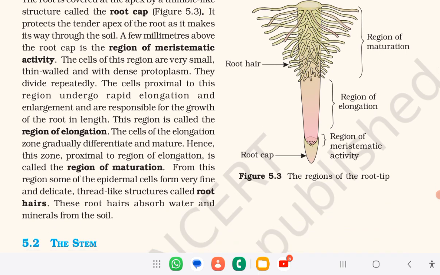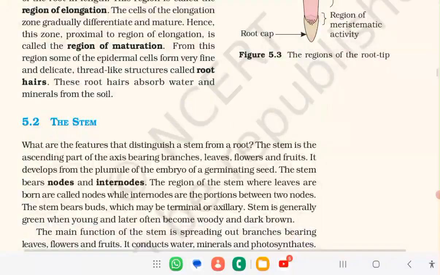As you can see from the figure, from this region, some of the epidermal cells form very fine and delicate thread-like structures called root hairs. These root hairs absorb water and minerals from the soil.